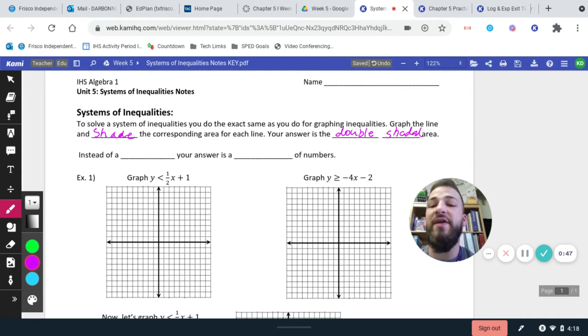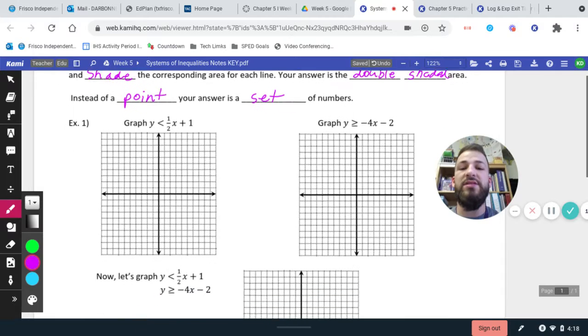So instead of a point, like we do for a system of equations, our answer is a set of numbers. So instead of just a single point like we get with a system of equations where the two lines cross, we get all of the points that could fall into the shaded region.